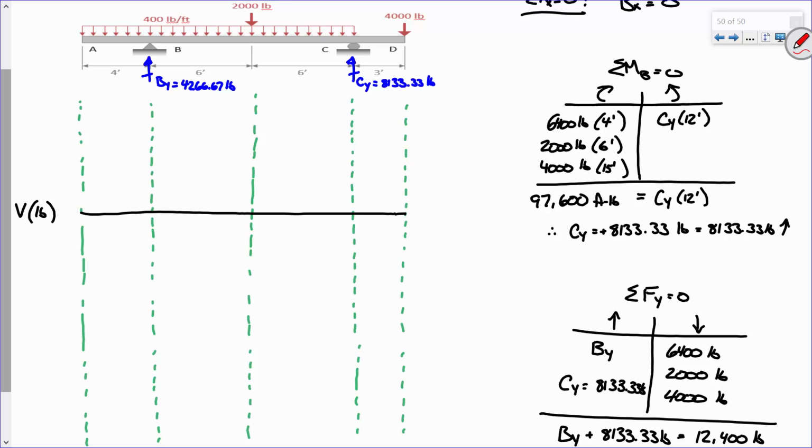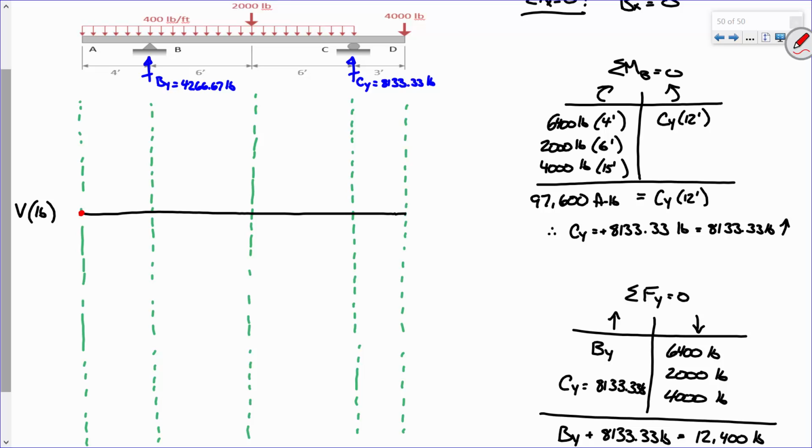And what do I mean by that? I start off at the very left end of the beam, okay? And I move from left to right, and I just look at the beam. So let's start off. If I start here and start moving across, the first thing I see is this uniformly distributed load, right? Now, it's 400 pounds per foot, okay? Now, let me ask you this.